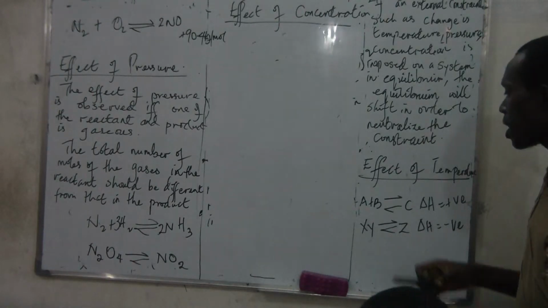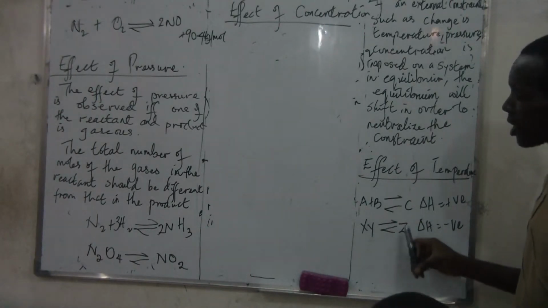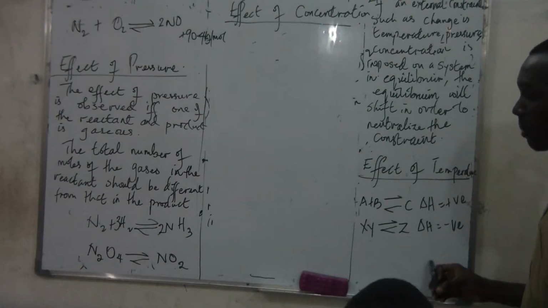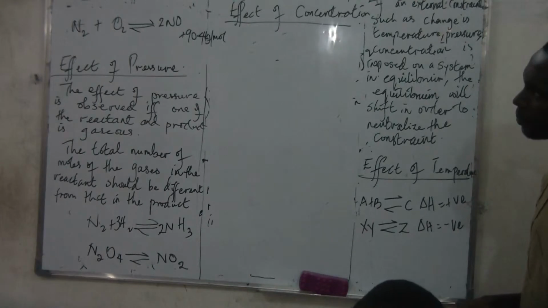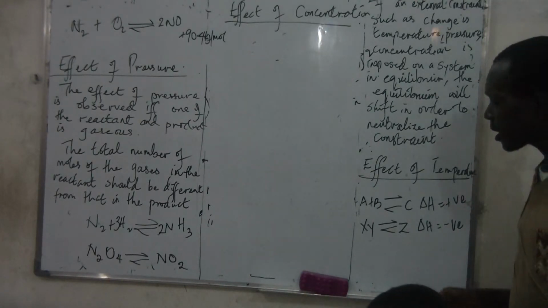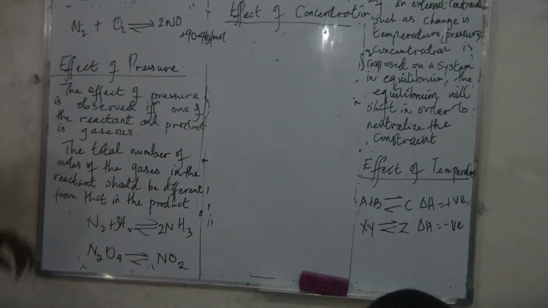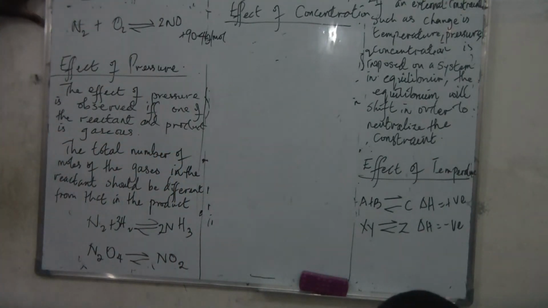Temperature is lost. So an endothermic system has positive enthalpy, while an exothermic system has negative enthalpy.